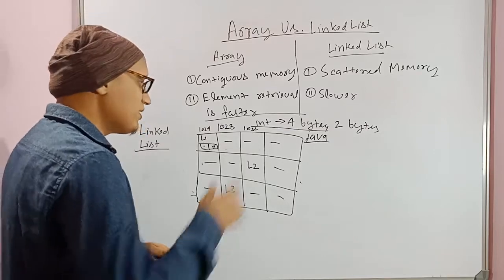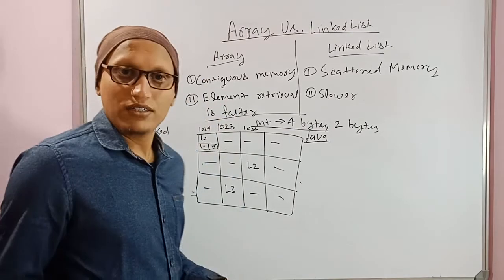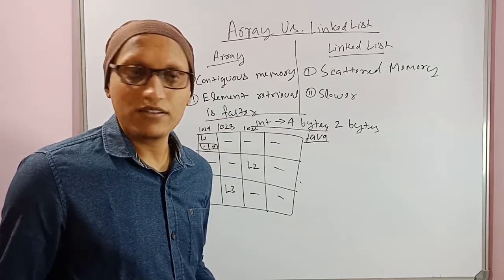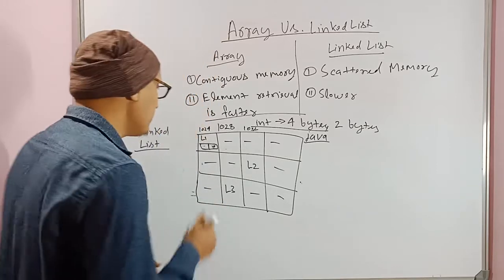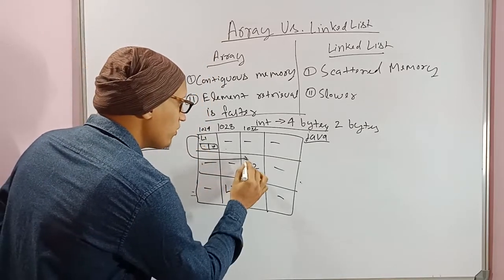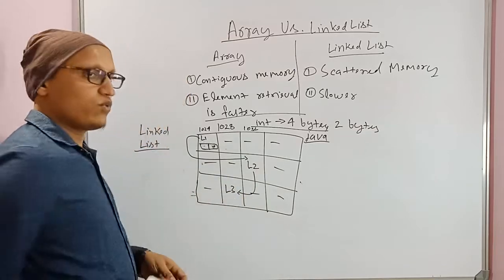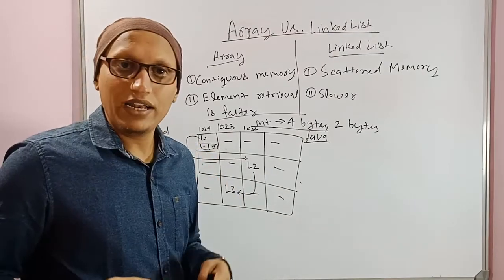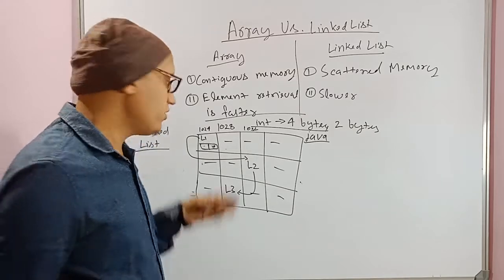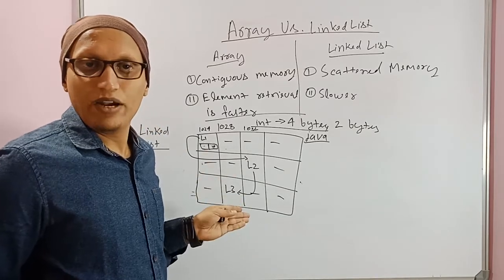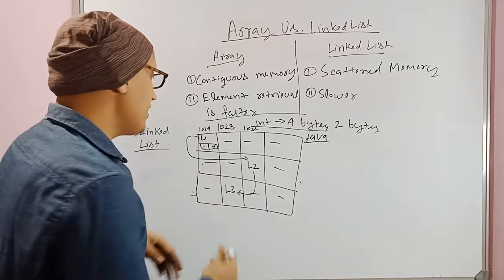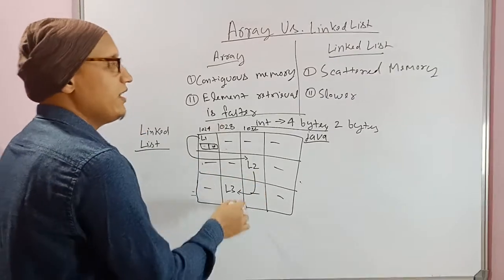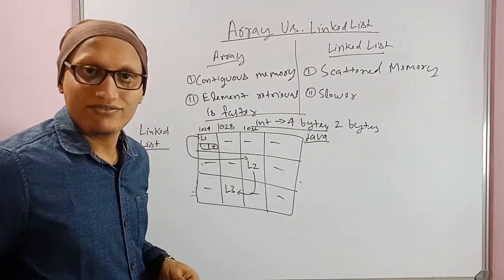In array we just did some addition and got the third element. But here I have to first come to this one, then to this one. So I'm iterating, because I cannot calculate the exact memory location of the third element of the linked list. That's why linked list is slower and array is faster.